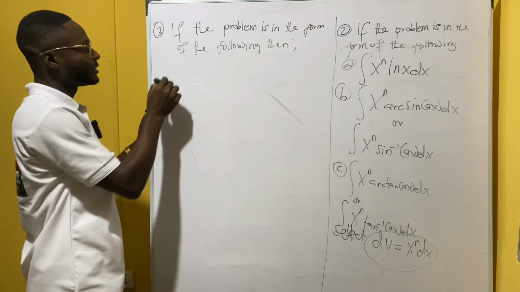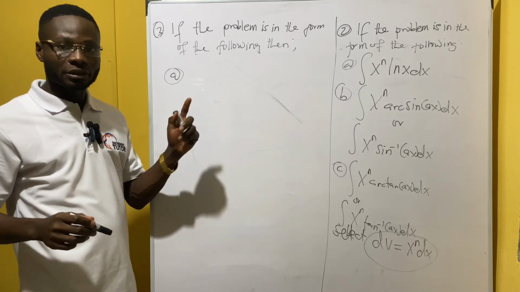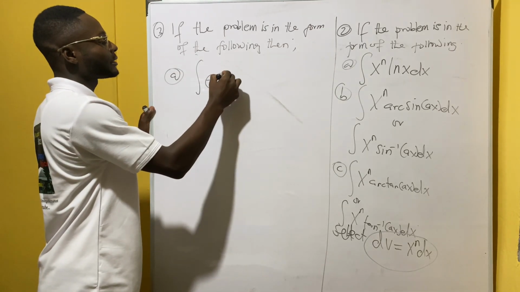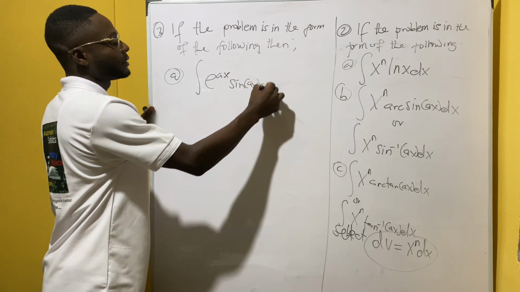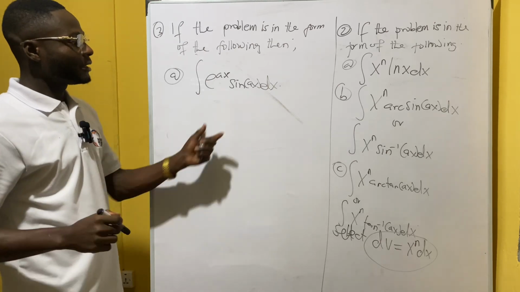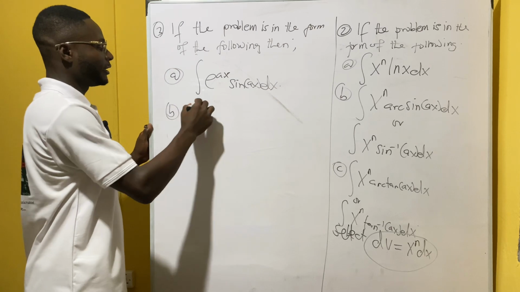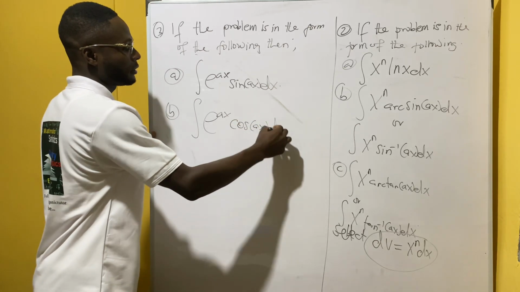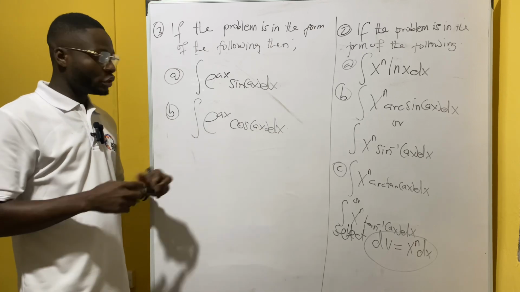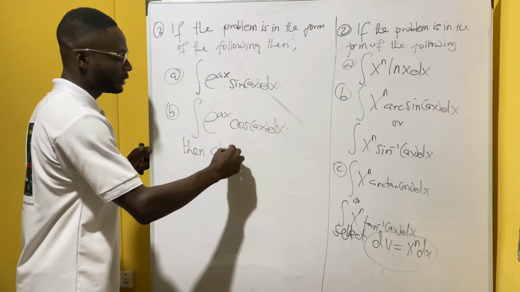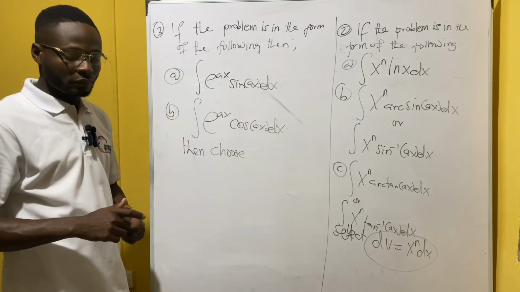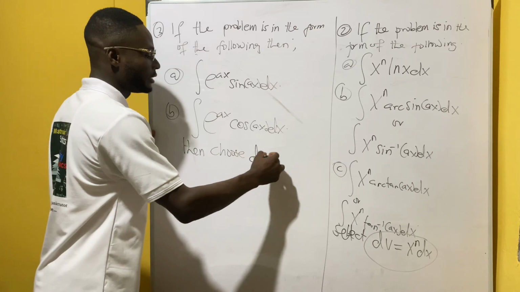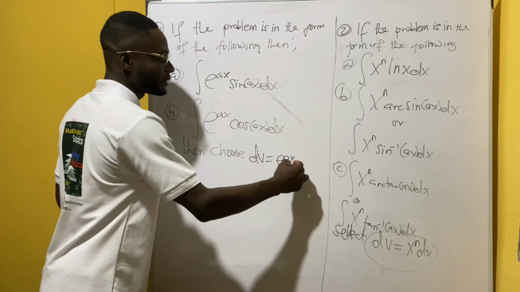The third set of rules says that if the problem is in the form of the following: a, the integral of e power ax sine ax dx; b, if the problem is in the form of this, then you have to choose your dv as e power ax dx.